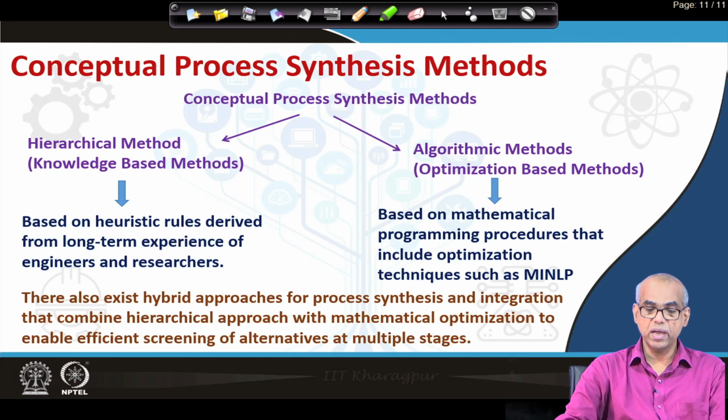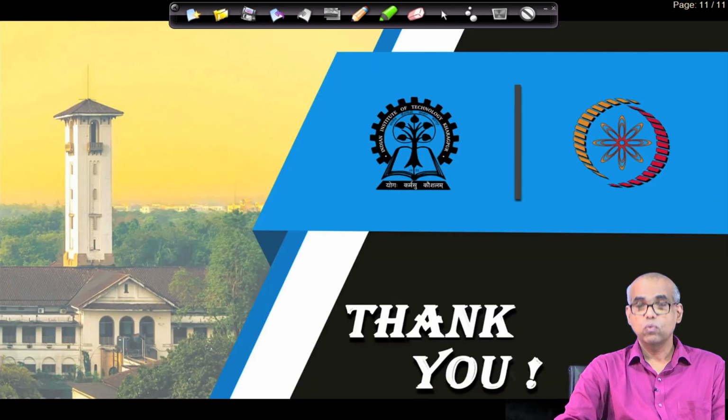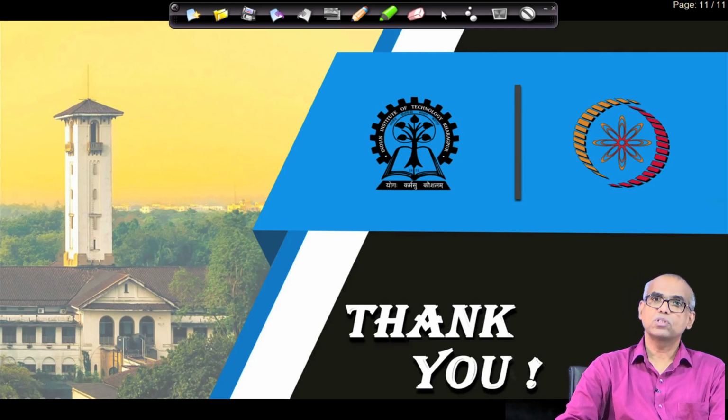Hybrid approaches combine both the hierarchical approach, that means knowledge based approach, and mathematical optimization techniques or algorithmic methods to produce efficient screening of alternatives at multiple stages. With this, we stop our discussion on introduction of conceptual process synthesis here.